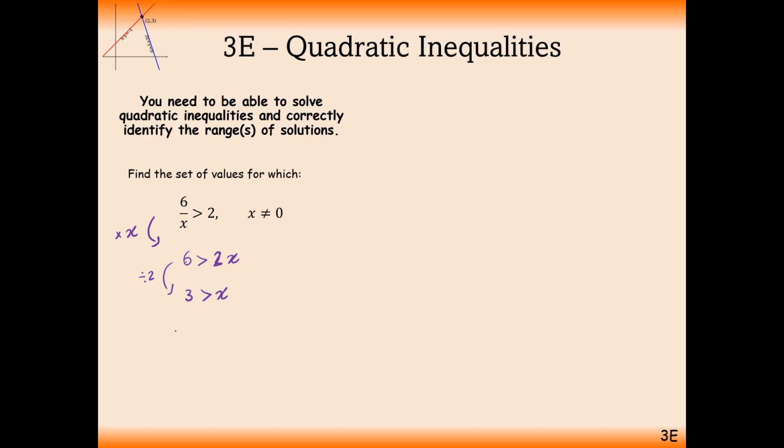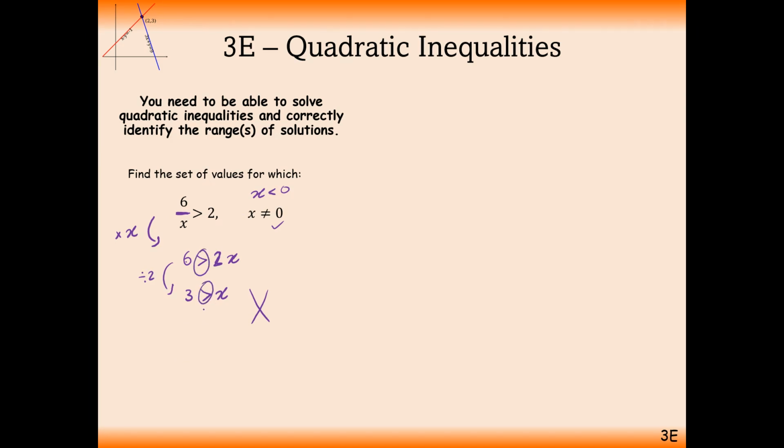Now, is that a valid answer? They're saying x is not 0. Alright, yeah, okay, it's not 0, we're not dividing by 0, right? But this is not a valid answer. Why is it not valid? Because you don't know, x could be a negative value. X is not 0, but it could be less than 0, and you would actually need to flip this inequality.